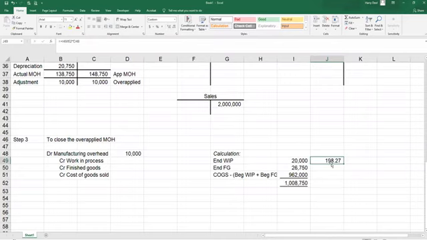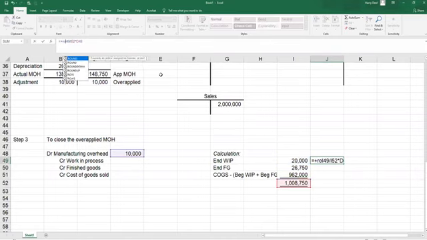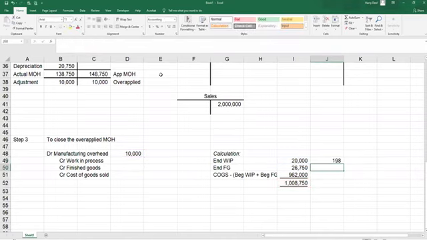It's $198 and some change. So if you wish, you can use the round function in Excel to get rid of the cents.